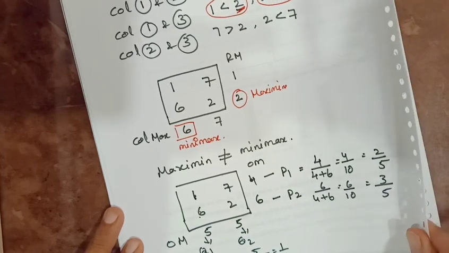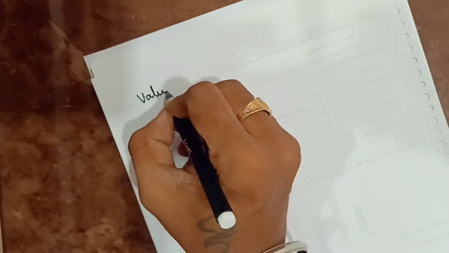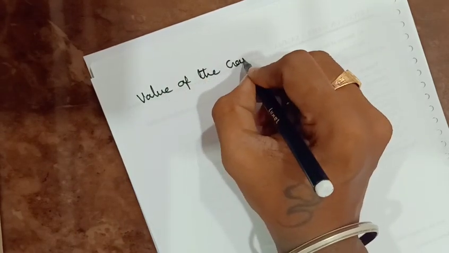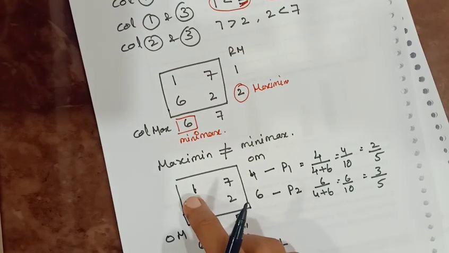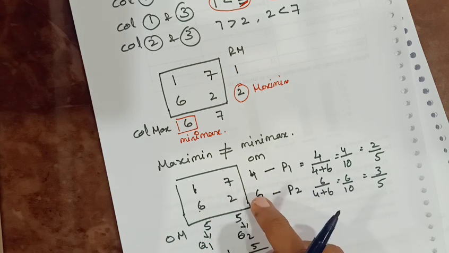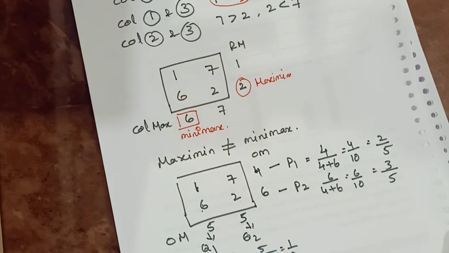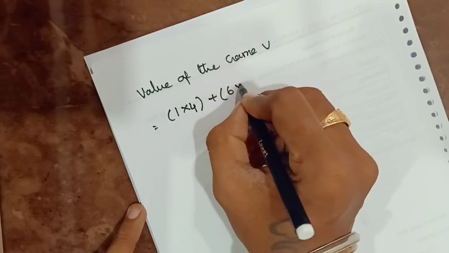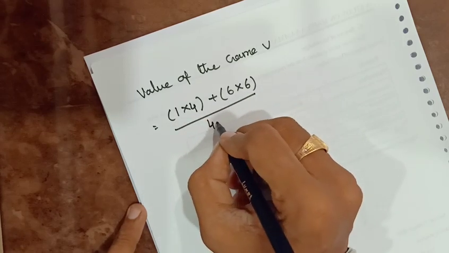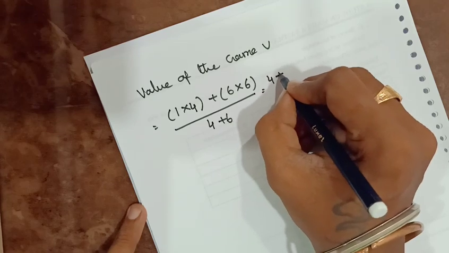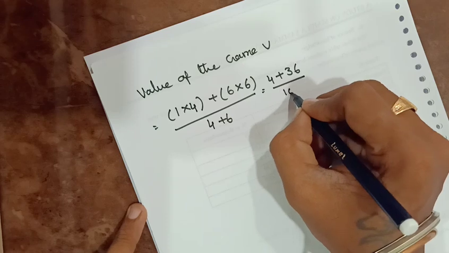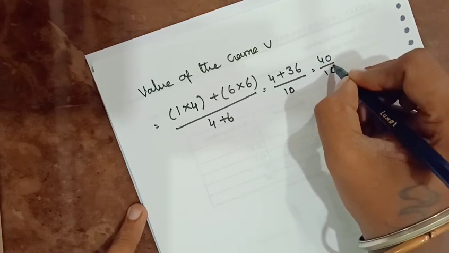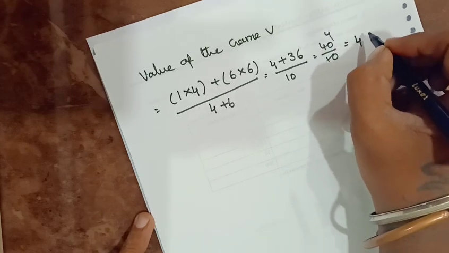So let us calculate the value of the game V. So taking 1 into 4 plus 6 into 6 divided by 4 plus 6: 1 into 4 is 4 plus 6 into 6 is 36. 6 plus 4 is 10. So 40 by 10 is equal to 4.